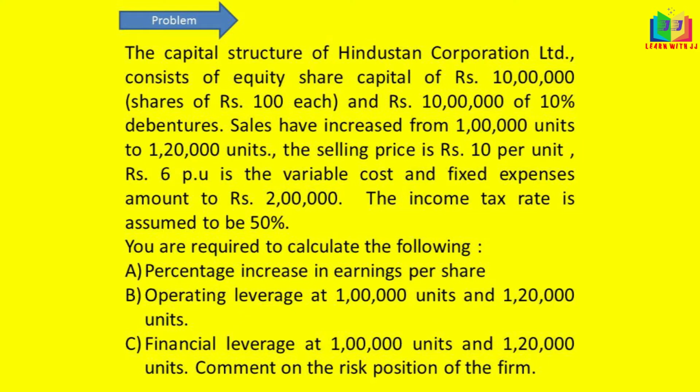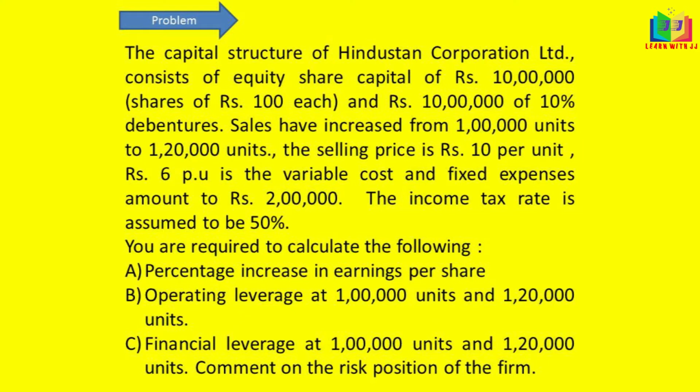So first we have to calculate the percentage increase in EPS, second the operating leverage for both 1 lakh units and 1 lakh 20,000 units, and third the financial leverage at 1 lakh units and 1 lakh 20,000 units.